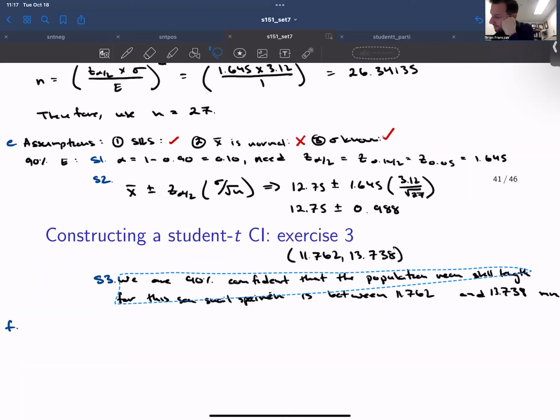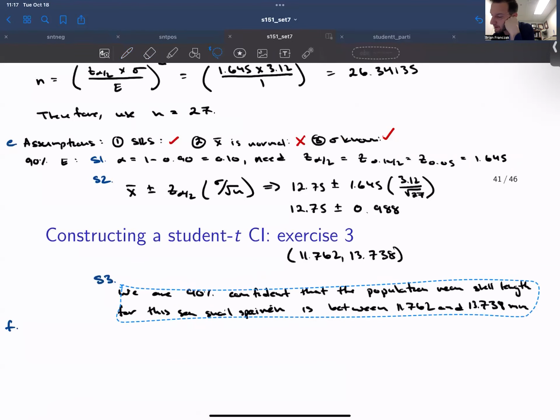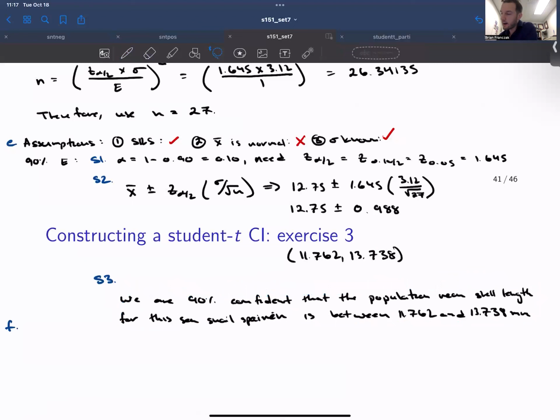Okay. So what happens is that this conclusion, now in terms of the work, and this is an interesting discussion, because in terms of the work, the process is exactly the same. And what this highlights is that you can always plug things into software, or you can always plug values into the formula. And if you do that, you're still going to get a result out. But in this case, we can't actually verify normality.